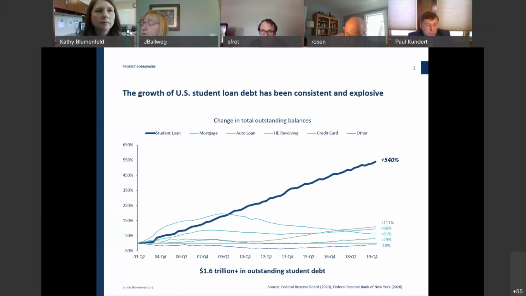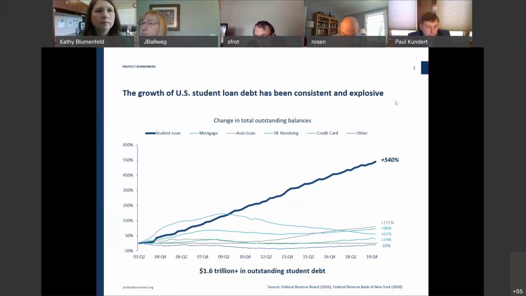So just a couple stats to help add some color onto Professor Hillman's remarks. This is essentially what the last decade and a half looks like across consumer finance. When you compare nearly all of the other products where consumers take on debt, it is just striking the extent to which we have seen the growth of student loans.